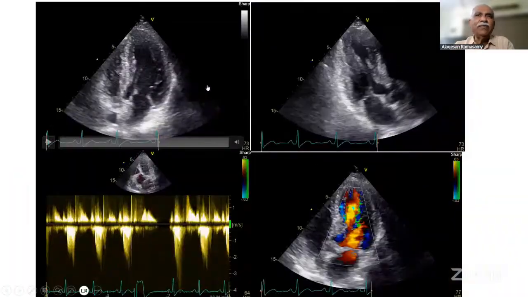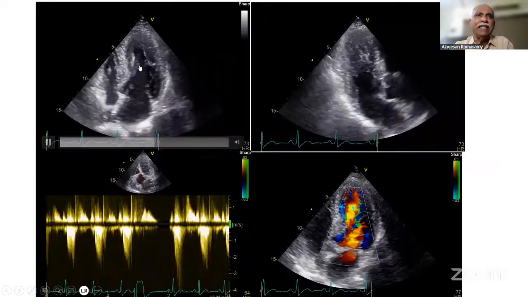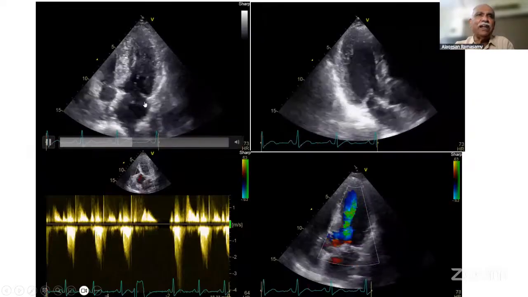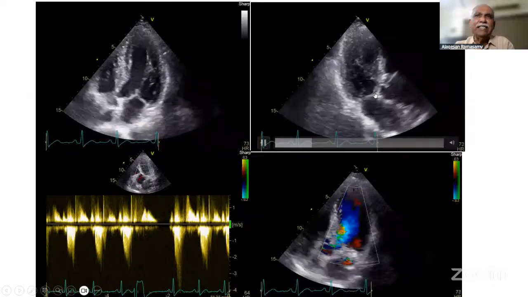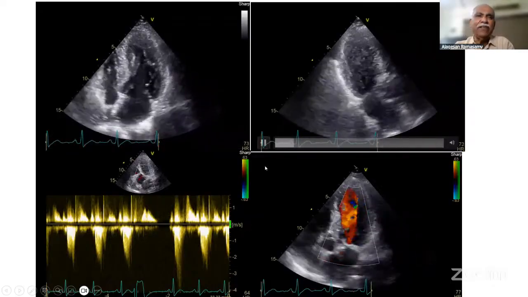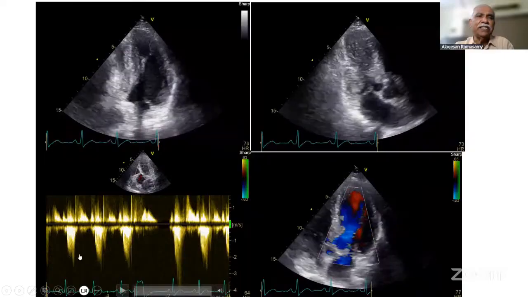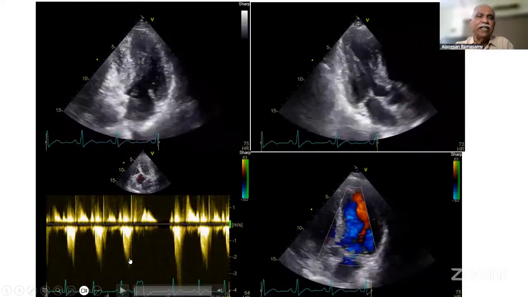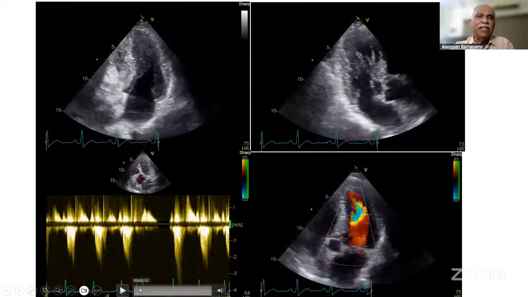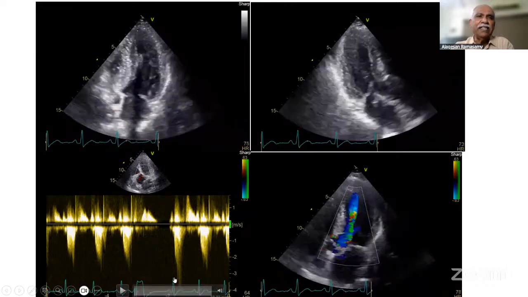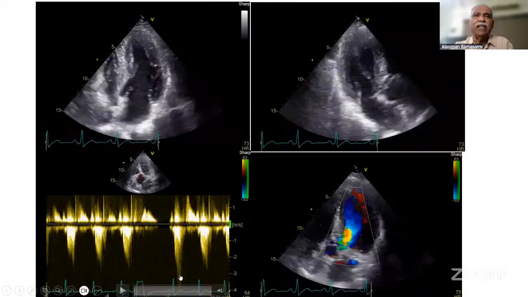This is another patient with hypertrophic cardiomyopathy. Again, the left ventricular hypertrophy is not that marked. There is a mild systolic anterior motion of the anterior mitral leaflet. Here, again, you can see there is no significant obstruction in the LVOT, but after a ventricular premature beat, you can see a significant gradient across the left ventricular outflow tract.